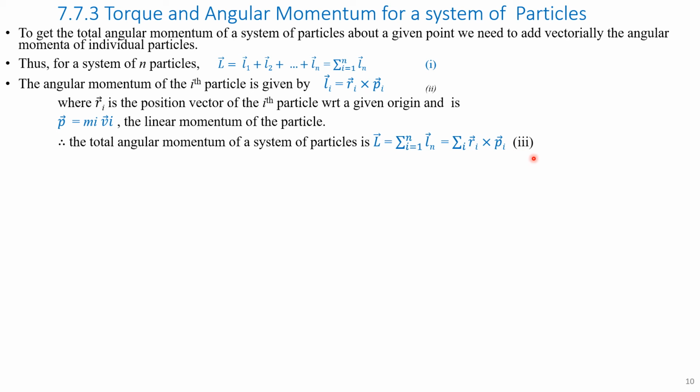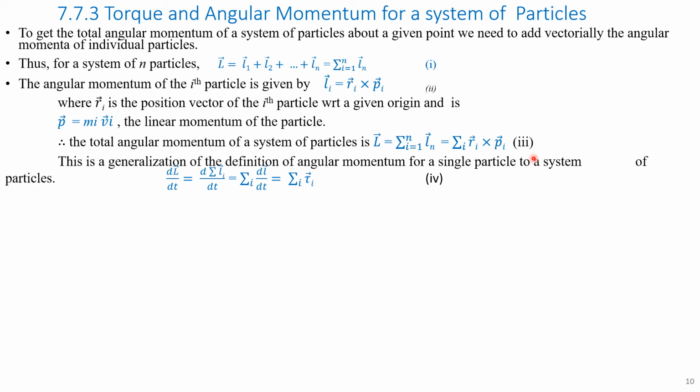Let it be equation 3. This is the generalization of the definition of angular momentum for a single particle to a system of particles. That means we first understood the definition of angular momentum of a single particle and converted it into a system of particles.